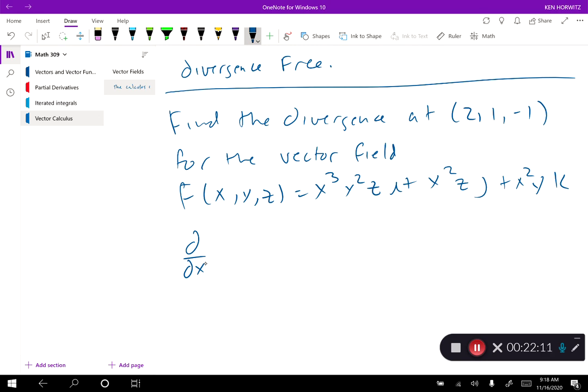So my partial with respect to x of x cubed y squared z plus my partial with respect to y of x squared z plus my partial with respect to z of x squared y.